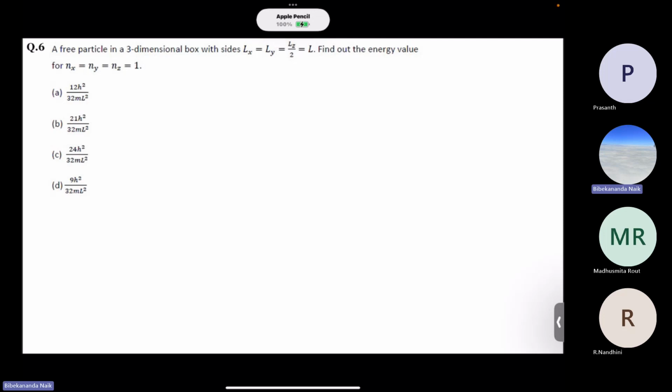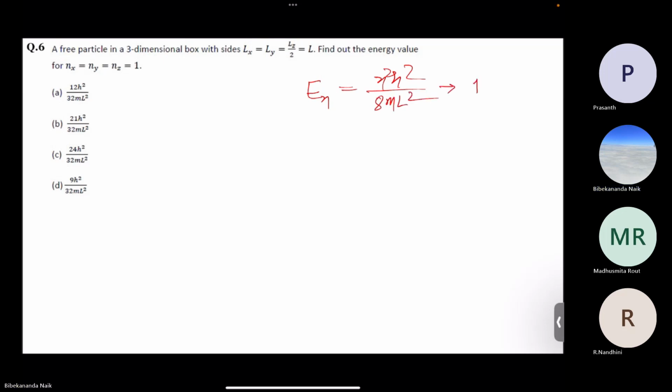So basically, in particle in one-dimensional box, the energy eigenvalue is given by En equals n square h square by 8 ml square. This is in one-dimensional potential box.